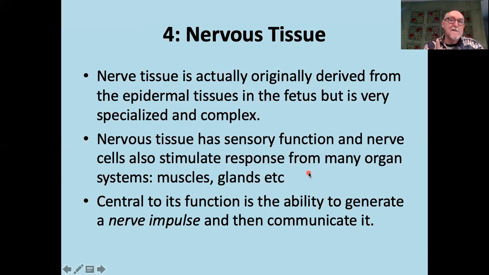Now, the nerve cells can actually communicate with many, many kinds of cell in the body. They don't only communicate with nerve cells, we've already heard. Nerve cells communicate with our muscles to cause muscle contraction, right? Nerve cells communicate with other nerves.